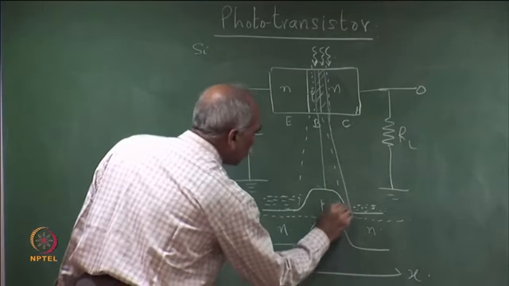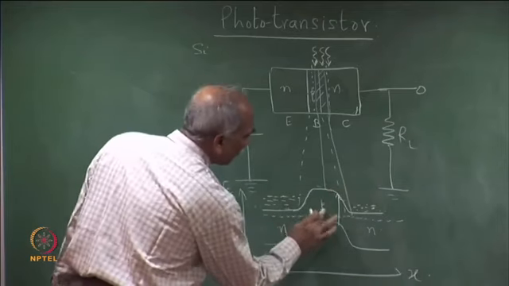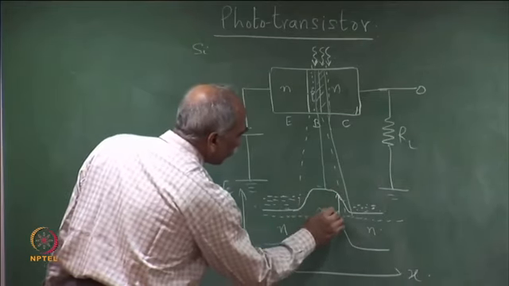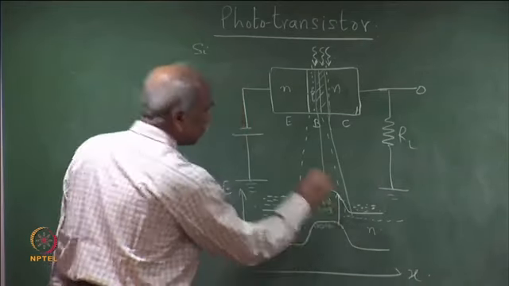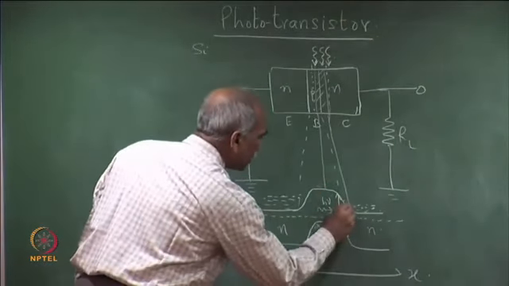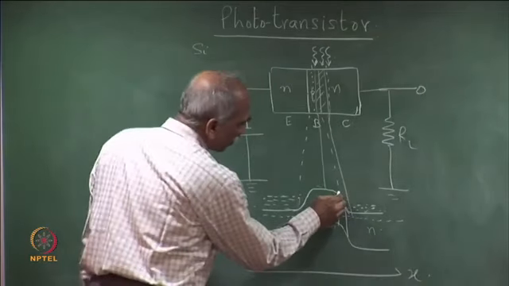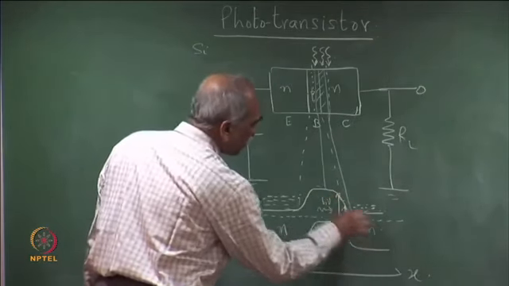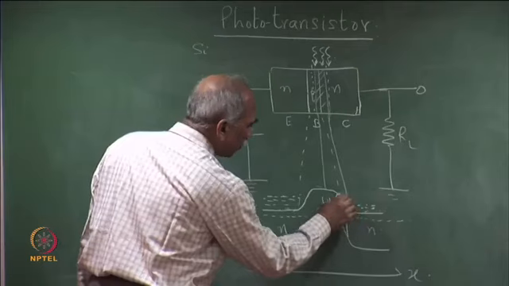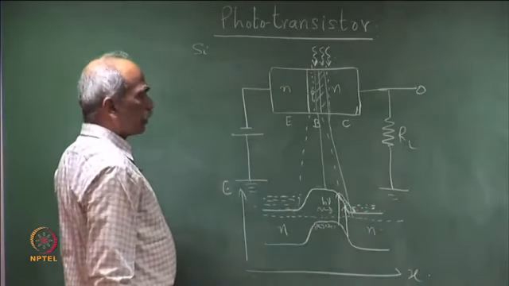An electron makes an upward transition here. So, the incident photon in this region creates an electron-hole pair. The electron which is here comes down the slope, flowing down the potential slope.